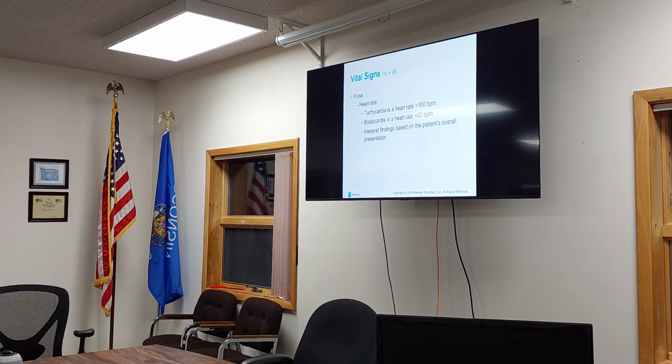People, even elderly, can tolerate slow heart rates pretty well. They don't need a lot of intervention real quick. Fast heart rates, I probably treat tachycardias 4 times for every one time I treat a slow heart rate.